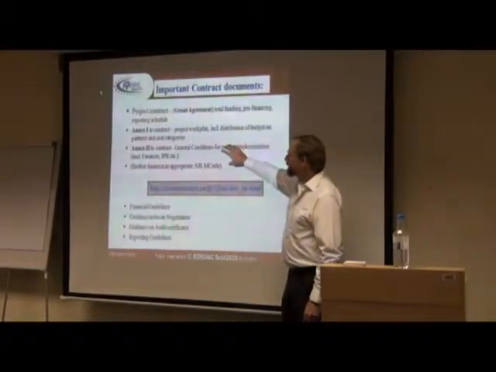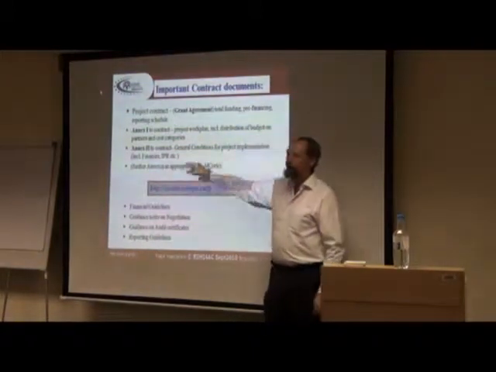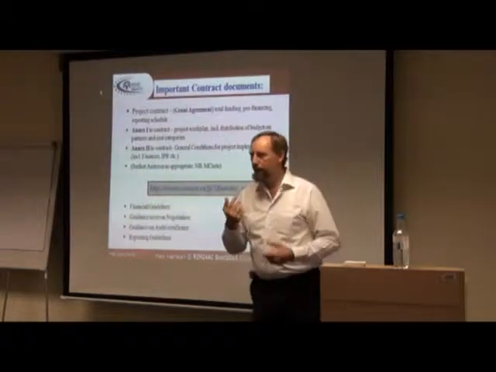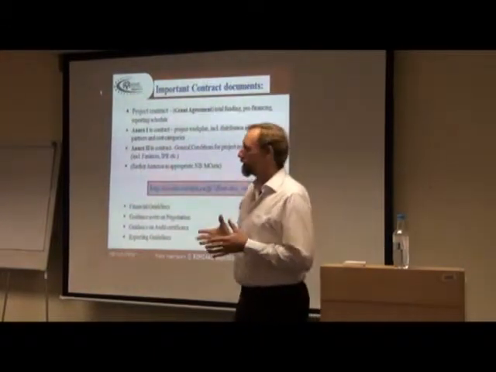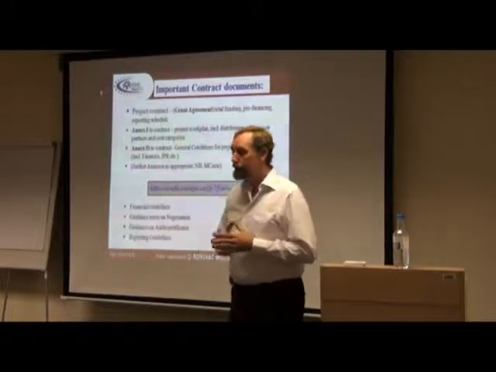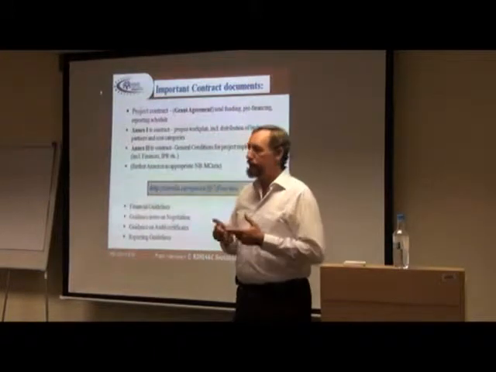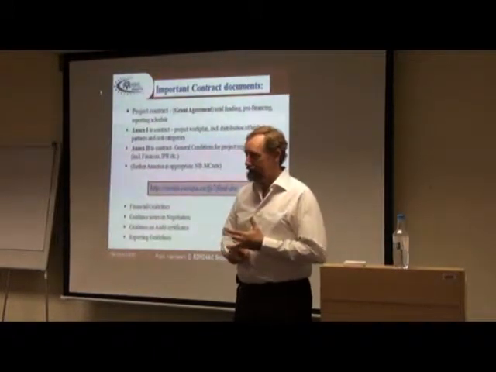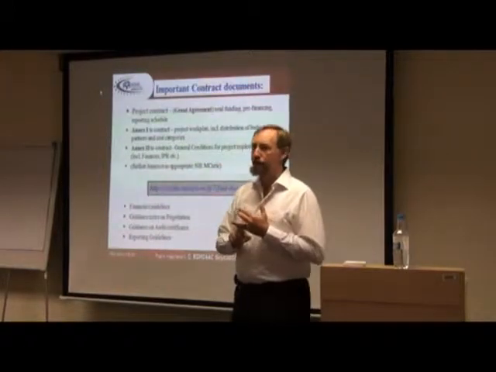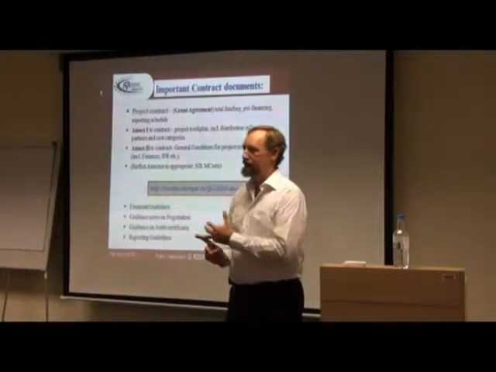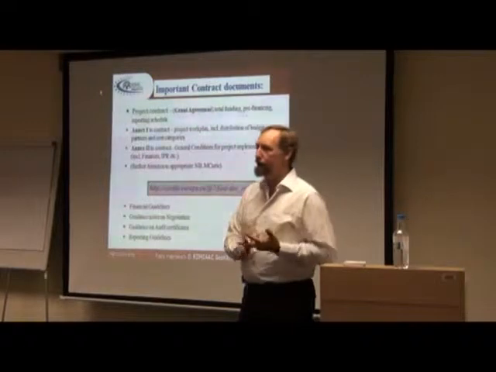The Annex 2 talks about finances, intellectual property, access rights, exploitation rights, the financial distributions, responsibilities and liabilities. What if you do not perform, what happens? If there is a conflict, a dispute, what happens?